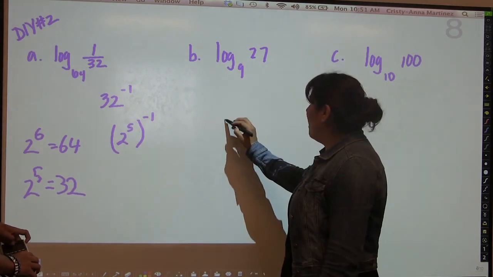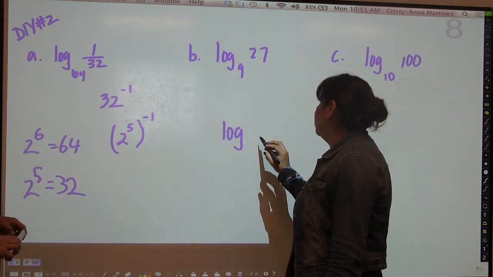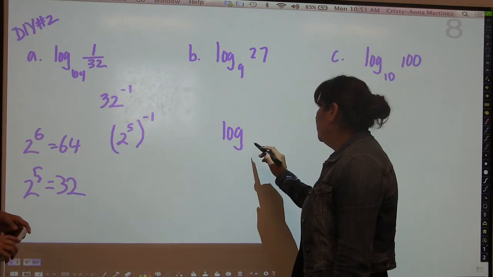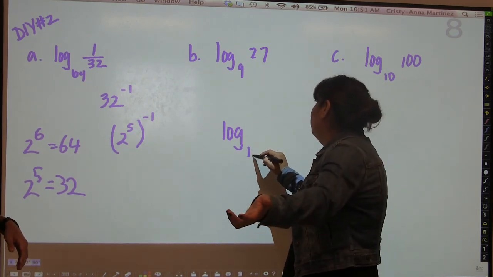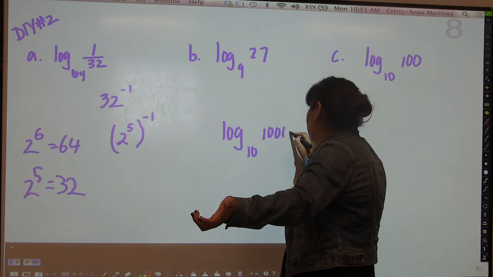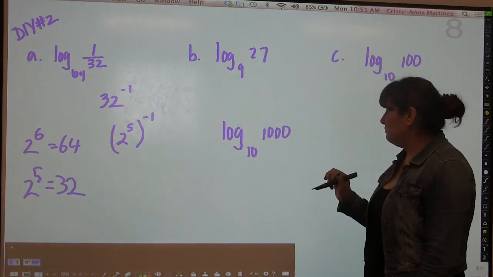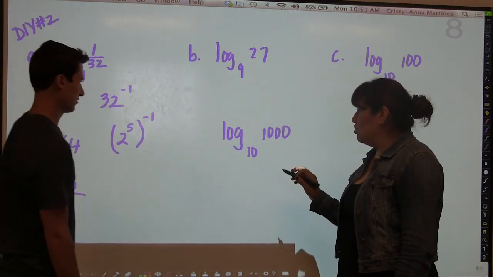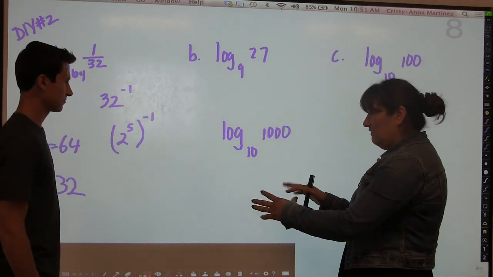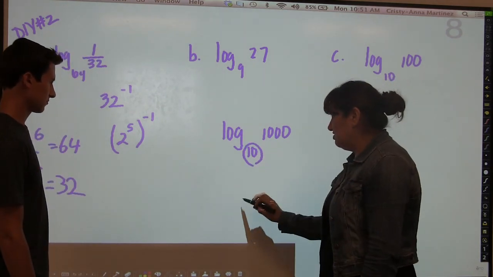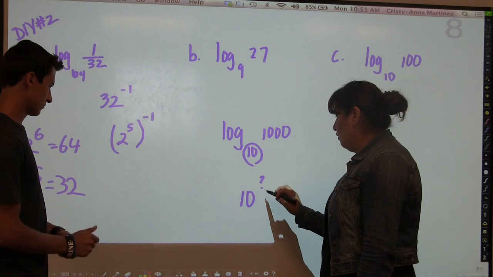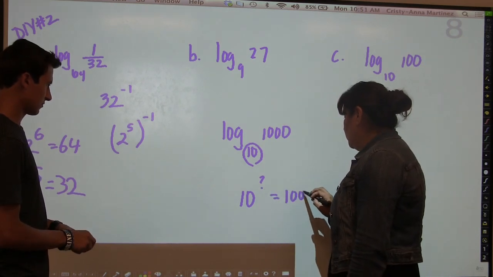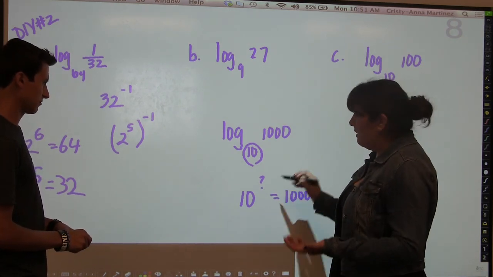For all of you, let's say you have log base 10 of 1,000. Can you do this one? When you rewrite it, it has to be 10 to some power that equals 1,000. What would that power be? 3, right? Not a big deal, okay?